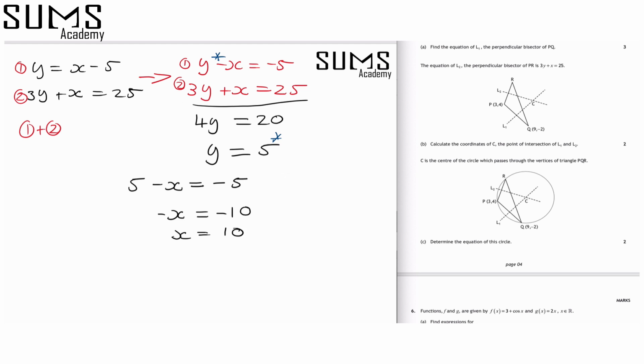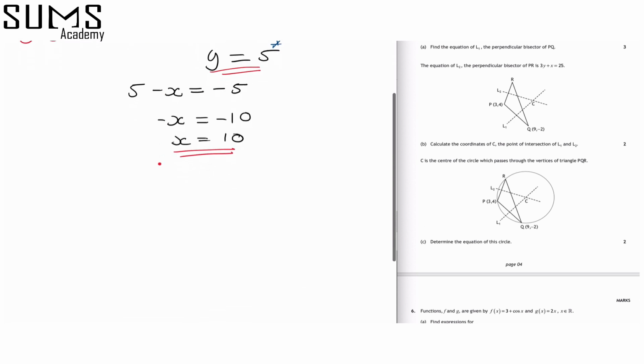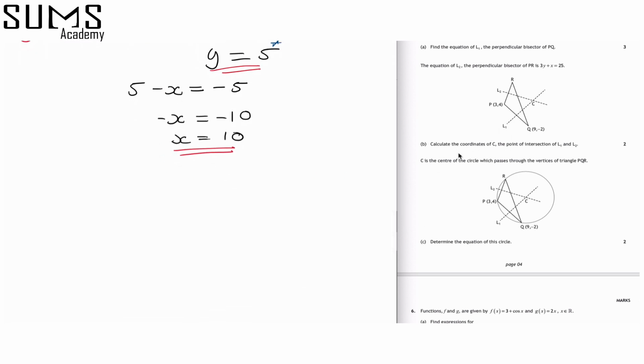So now we have a y coordinate and an x coordinate. What we need to do is make sure we state the point of intersection. So I'm going to put it here: point of intersection C is (10, 5).